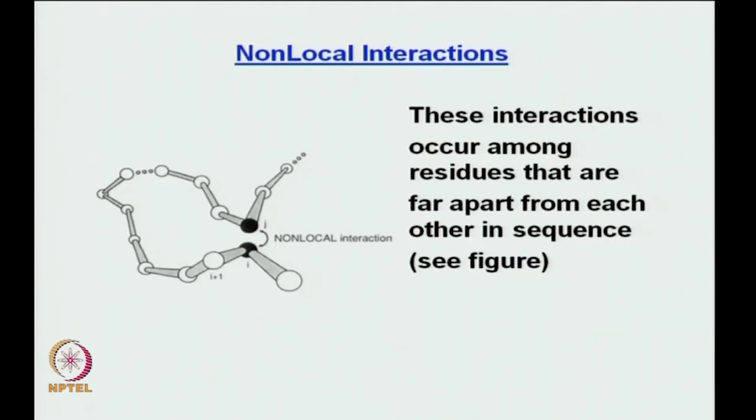Okay. So, why is this relevant? You think about this: when a protein folds, you have seen it in last class and even the class before the last one, that if you have say 8 helices, it is not necessary that helix 1 always has to interact with helix 2.